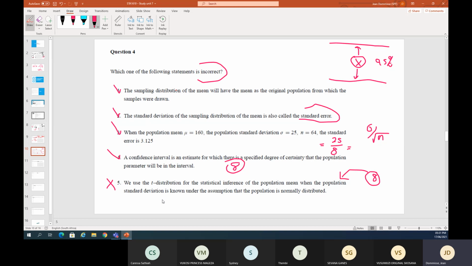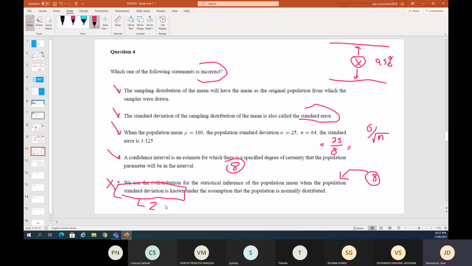Just so that you know, when the standard deviation is known, we use the Z. We'll get to that in the next study unit: when the standard deviation is known, we use the Z; when the standard deviation is unknown, we use the T value.